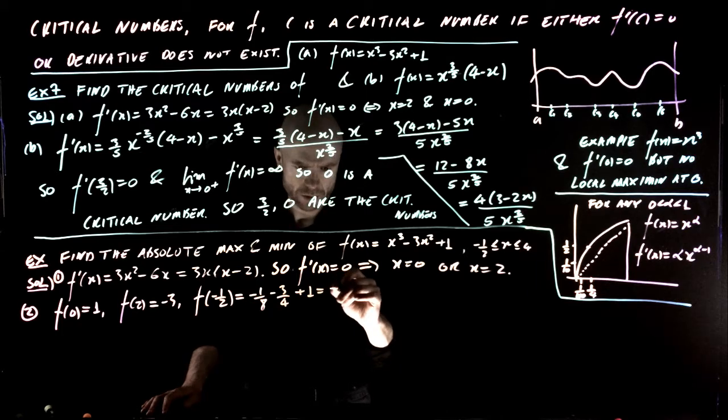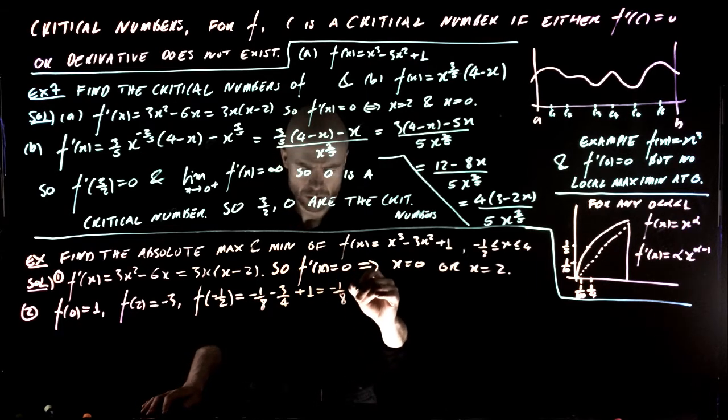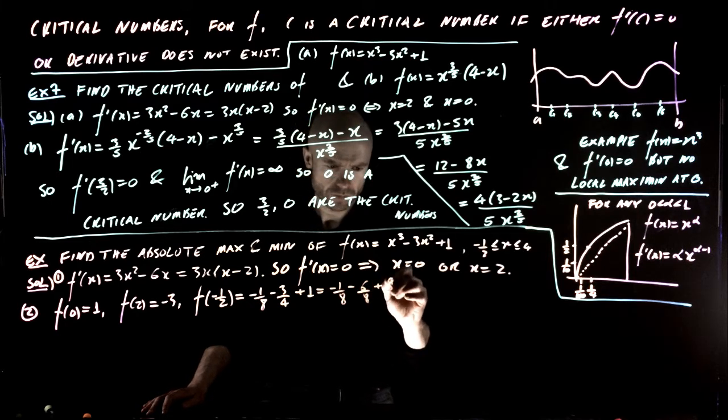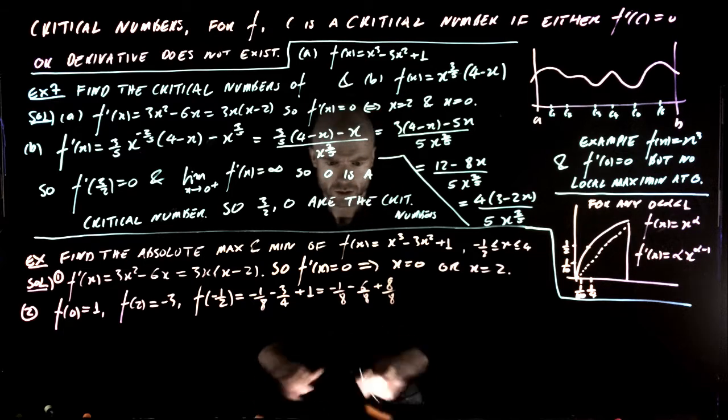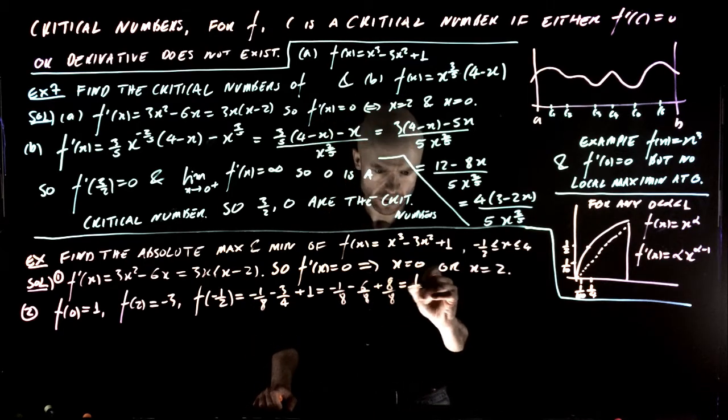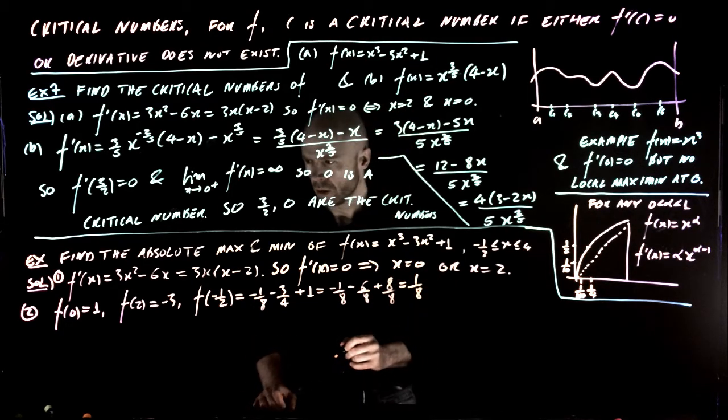So we can write this as minus 1 over 8, minus 6 over 8, plus 8 over 8, and that's just going to be 1 over 8. Okay, so that is that endpoint.